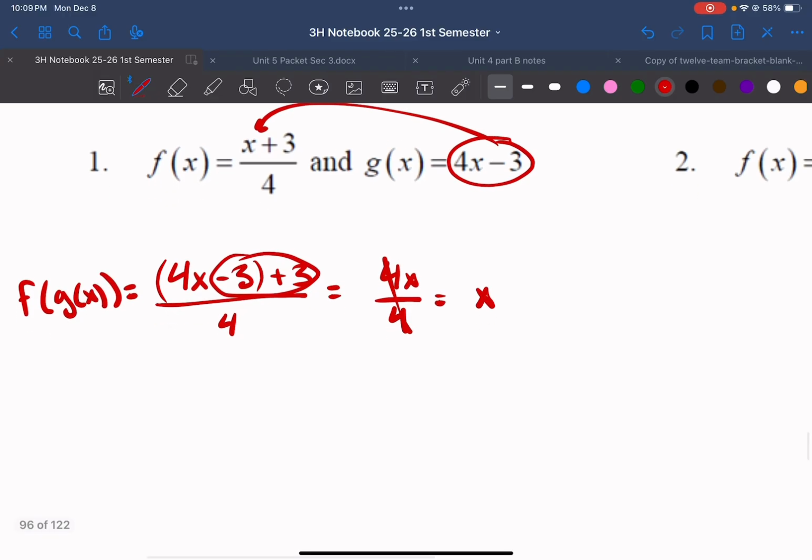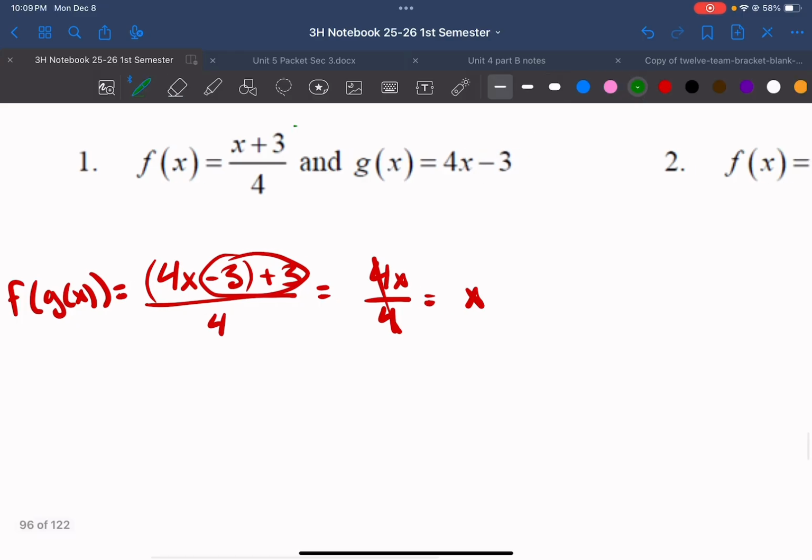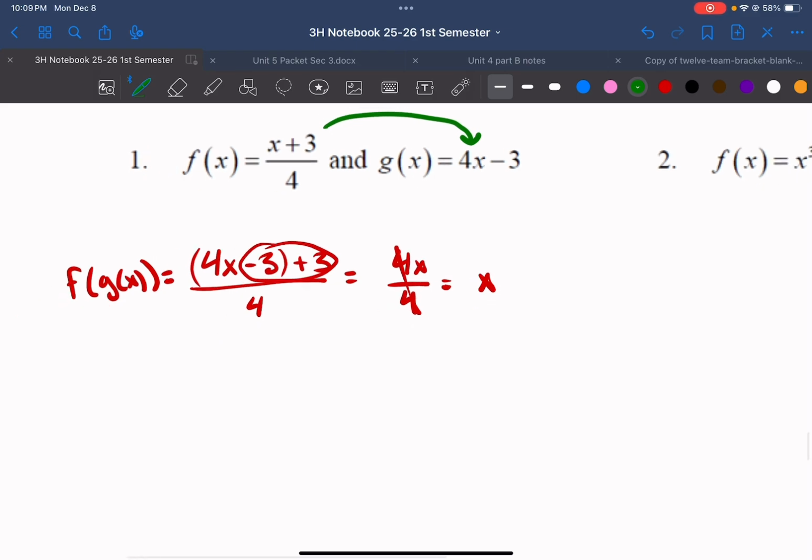So now we got to flip it and put f into g.